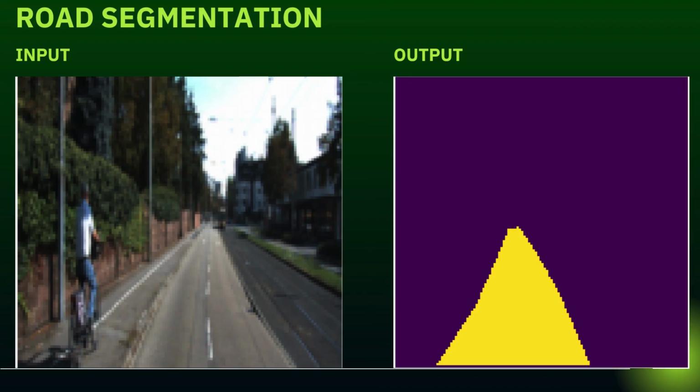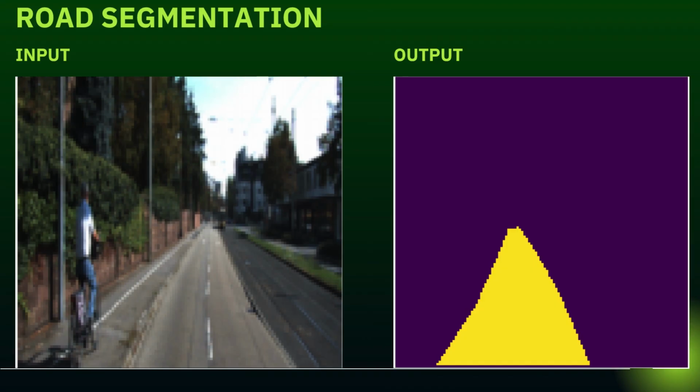So we have to provide the image in a way that the model understands. In the image, we distinguish the pixels, stating that these pixels, which are marked yellow, make up the road, and everything else is the background. So focus on the pixels which are yellow.